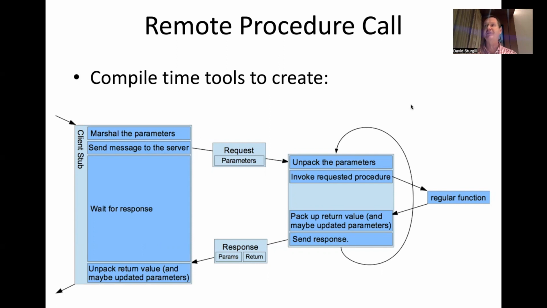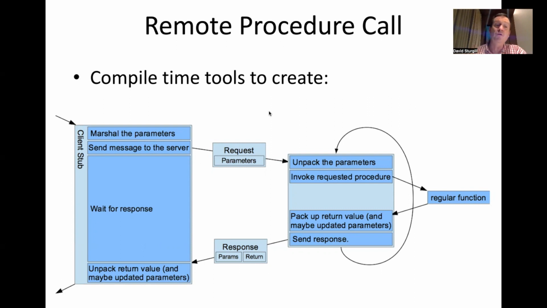And to make it clear, that stub is the kind of thing that one of these compile time tools would write. If you say, here's how my remote procedure is supposed to work, a tool ought to be able to write a stub for you that lets you use a remote procedure just like you would use a local procedure.